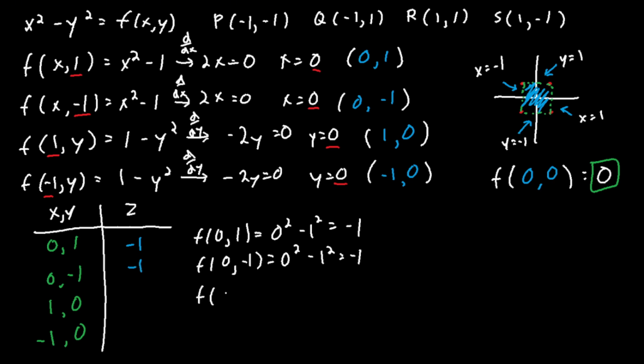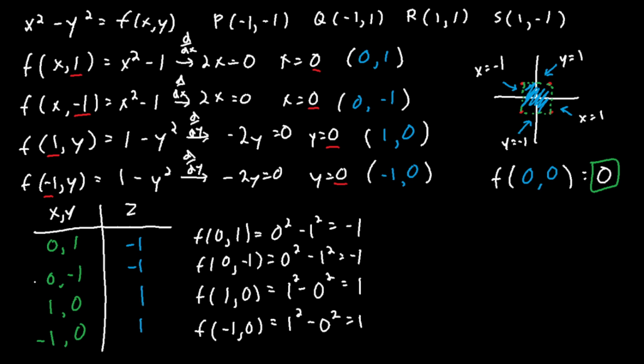And then if we keep doing this, we get 1, 0. So 1 squared minus 0 squared, which is just equal to 1. If we do this again, we get negative 1, 0. Negative 1 squared is still 1, so we always just make it positive on the inside. Just get 1. So these are the values that we found.